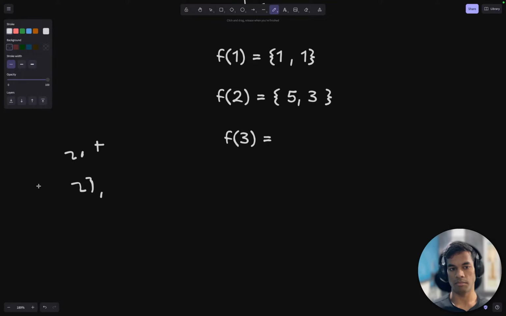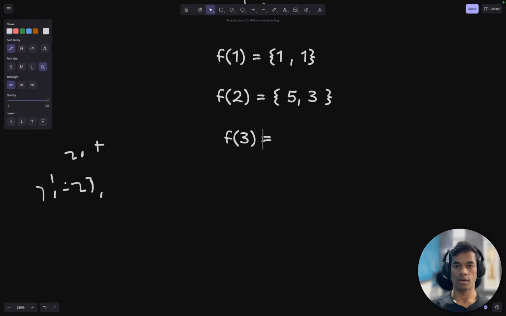The new x would be 23, and the new y would be 6 plus 5, which is 11. So 23, and 6 plus 5, 11.